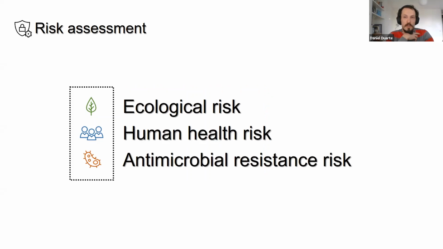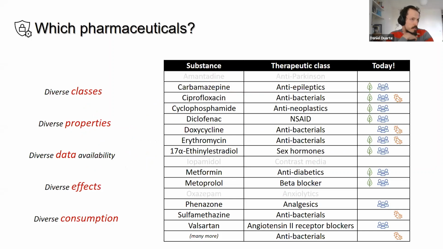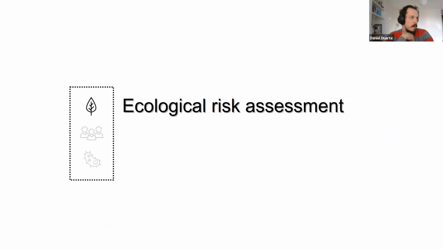As has already been presented, we've worked with the same selection of pharmaceuticals based on a diverse set of criteria. In the last column of the table, you can see which ones I'll be talking about, or showing some results for, depending on which assessment I'm discussing. I'll start with the ecological risk assessment.